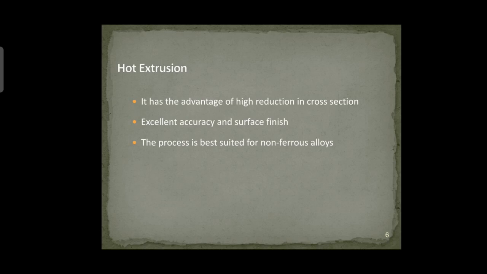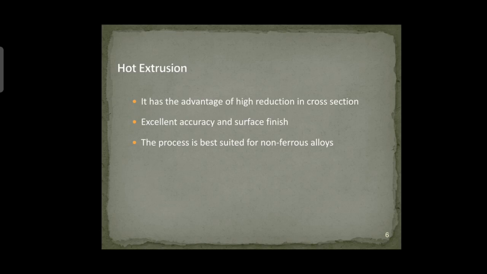As you have studied, it is best suited for non-ferrous alloys. For low temperature applications, we can extrude the part very smoothly and easily, applying a little amount of force or pressure over the ram when we use non-ferrous alloys.